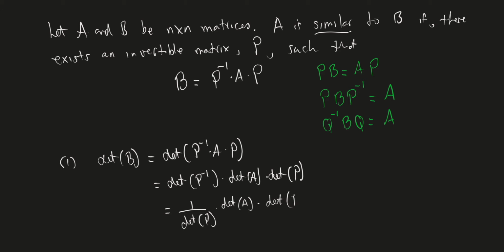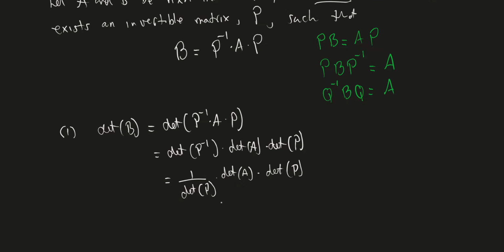Now remember, the determinants are just numbers. They could be complex if you're working with complex numbers, but they are just numbers, so you can multiply them however you want. More importantly, you're multiplying the reciprocal of the determinant of P by the determinant of P, so that goes away, and voila, you have reduced the right-hand side to the determinant of A. So if two matrices are similar, they have the same determinant.